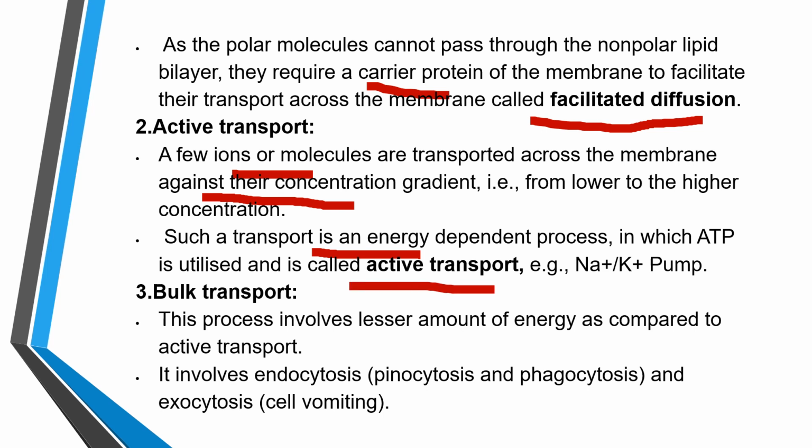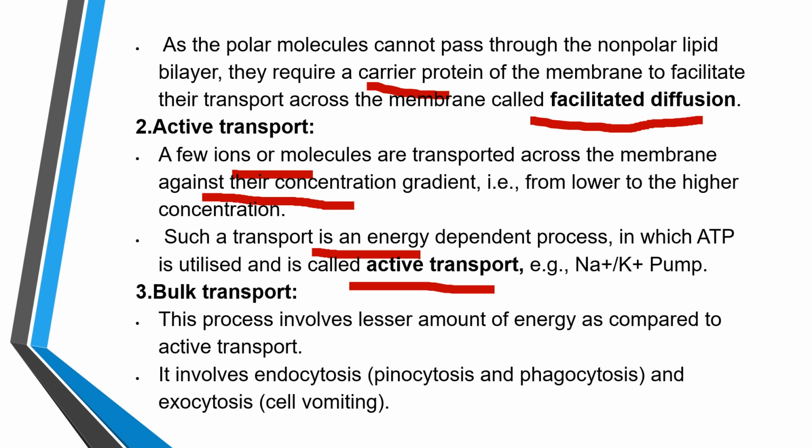For example, the sodium and potassium pump, which plays a very important role in the body, utilizes this method. So it is just opposite to passive transport. Here things move from low concentration to higher concentration, and a large amount of energy is utilized in the form of ATP.